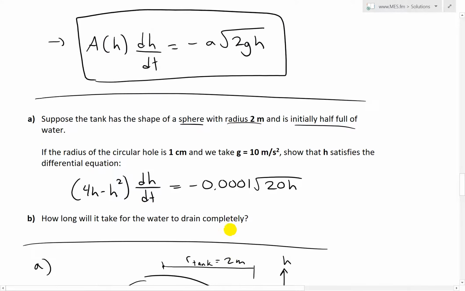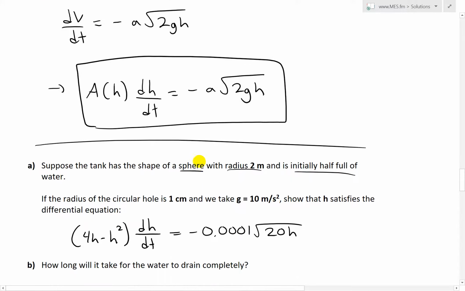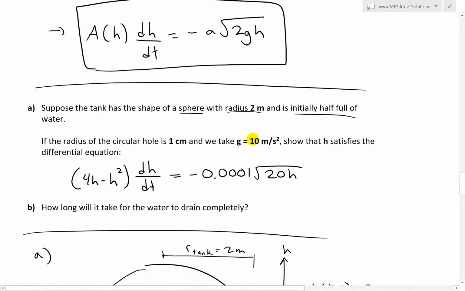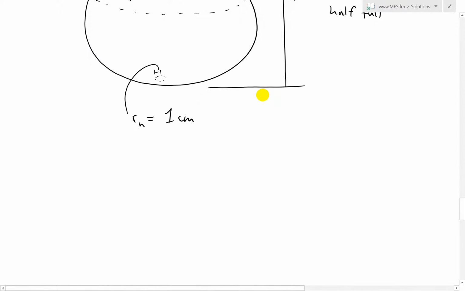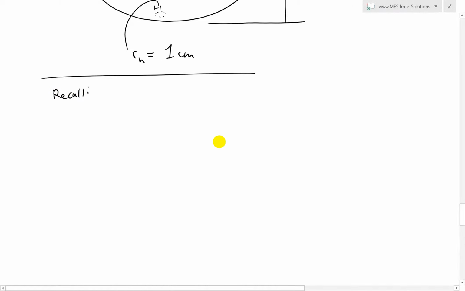And again, from my earlier video on introduction to this question 4, I derived this formula right here: A of h dh over dt equals negative a square root 2gh. So let's write that down. So recall from earlier video and from above, we have A of h, so this differential equation, dh over dt is equal to negative a square root 2gh.